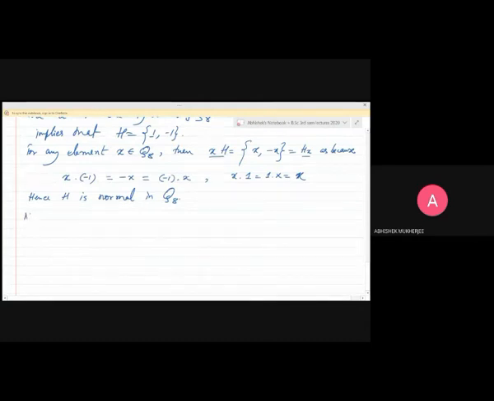Now if the order of H is 4, then by Lagrange's theorem, what is the index of H in Q8? It is the order of Q8 divided by the order of H. That means 8 by 4, that is 2.